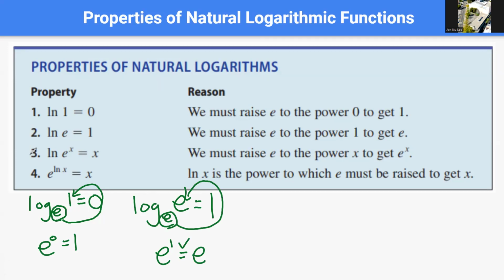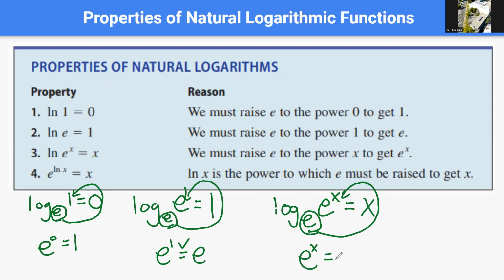Rule number 3, ln of e to the x power equals x. Well, ln equals log base e of e to the x equals x. Get Tarzan, picks up Jane, e to the x power equals e to the x power. Yes, that's true. Okay. And in this one, using the backwards Tarzan and Jane, so log base blank of blank equals blank, right?